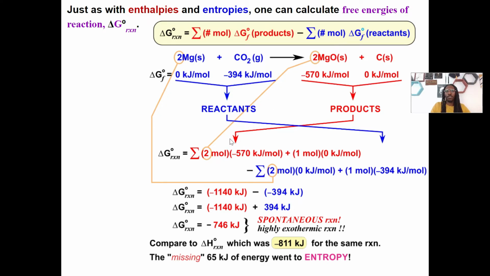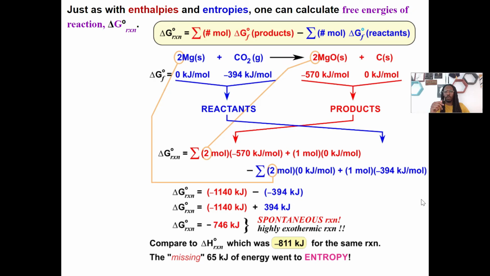The coefficients go in front: 2 times negative 570 plus 1 mole times 0, subtracted by our reactants, 2 times 0 and then 1 times negative 394. We do some math and find that our delta G is going to be negative 746.